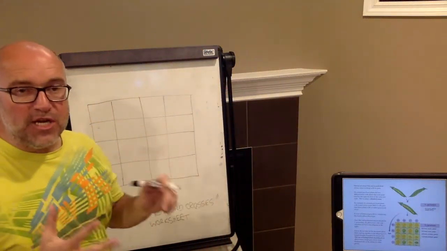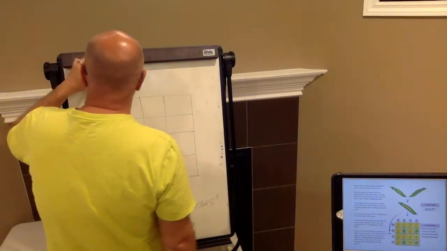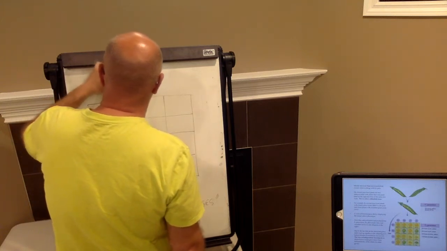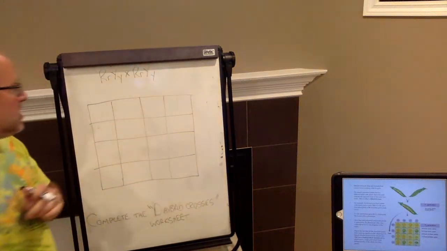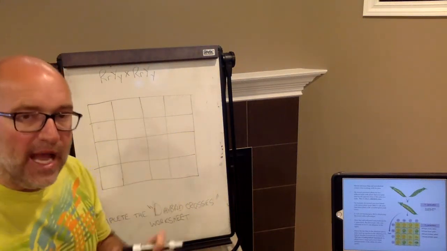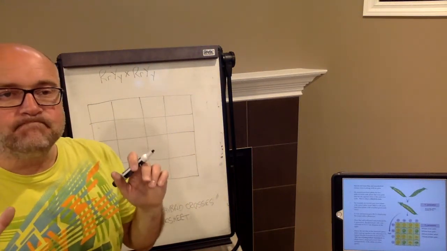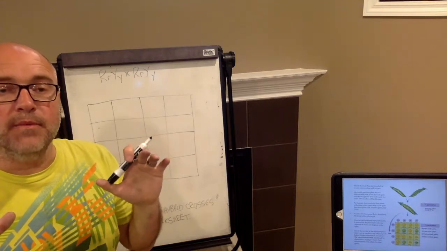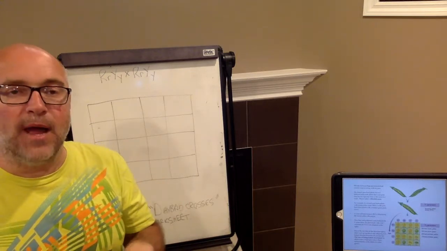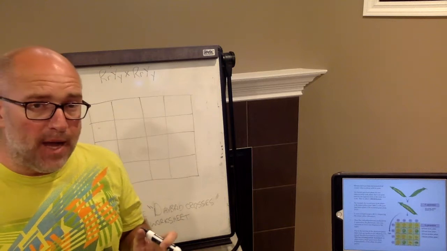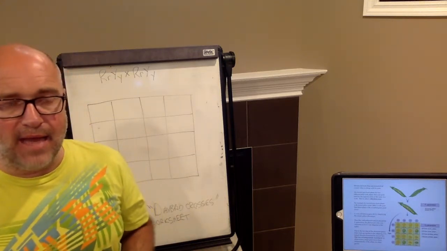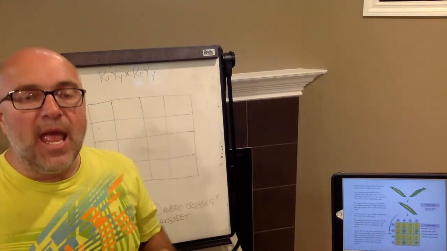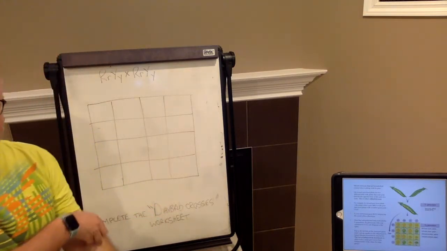So what I've got right now is I want to see what my combination is going to be. This is my breeding combination. I've got 2 plants that are heterozygous for the shape of the pea pod, and they're heterozygous for the color of the pea pod.